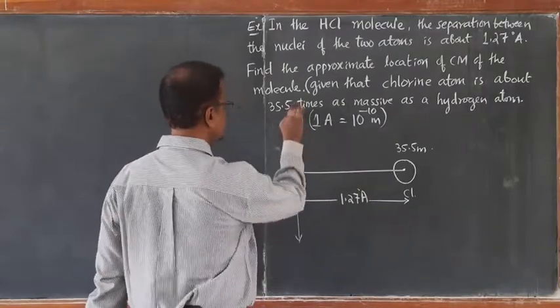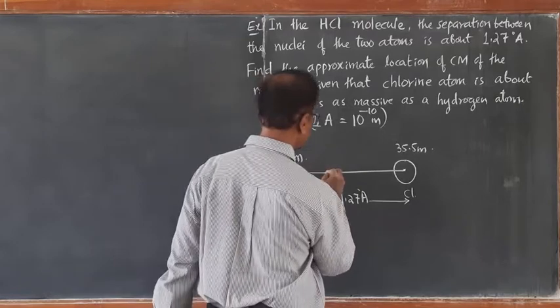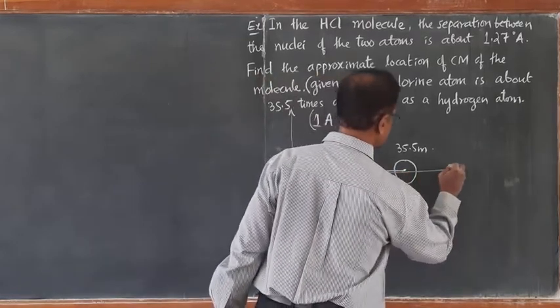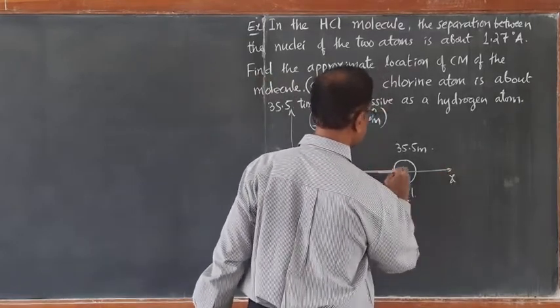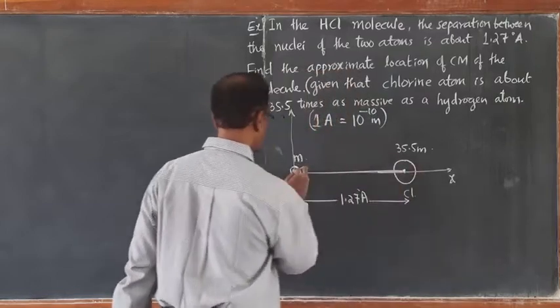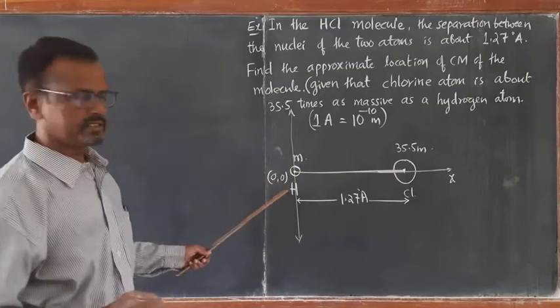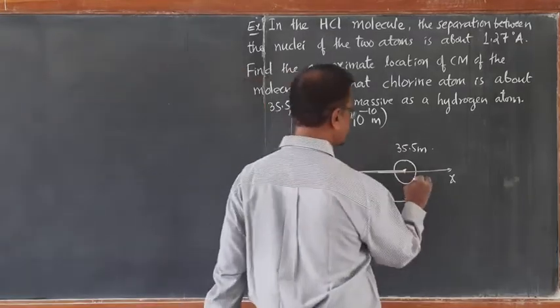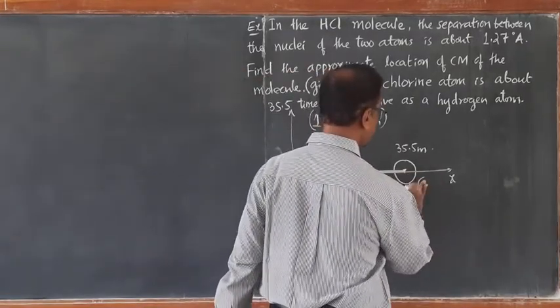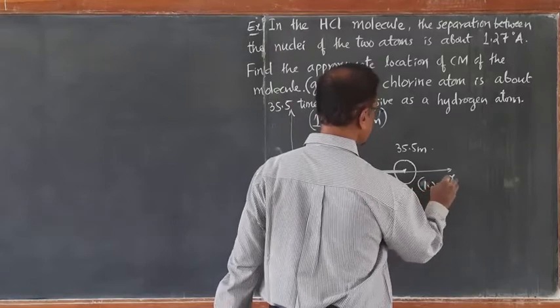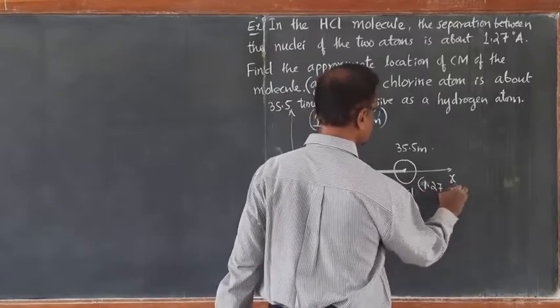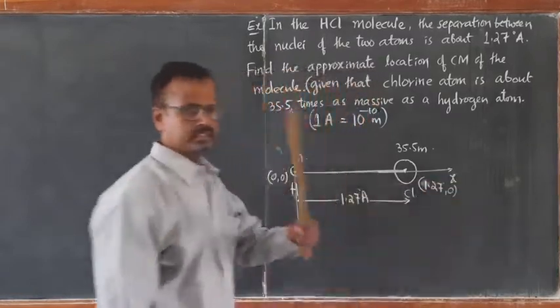Suppose this is the coordinate system and this is the x-axis. If the coordinates of hydrogen are 0, 0, then the coordinates of chlorine become 1.27 in terms of angstrom.